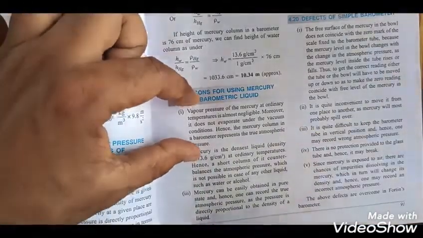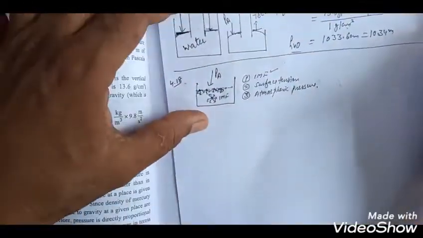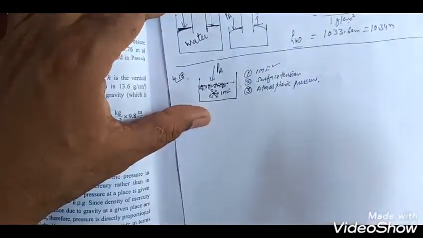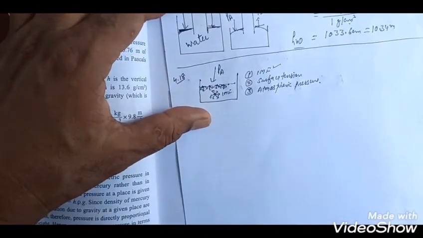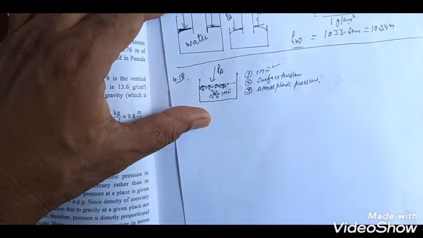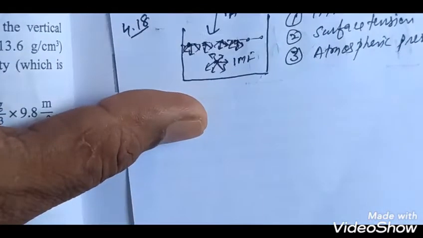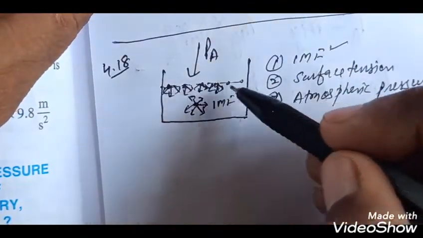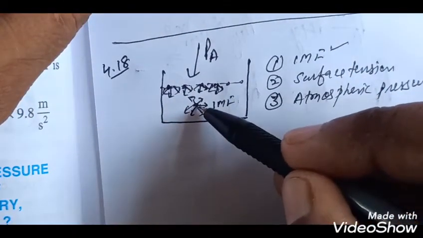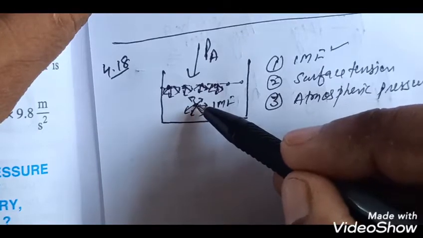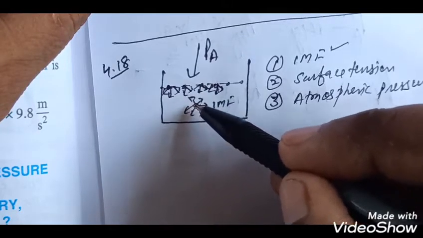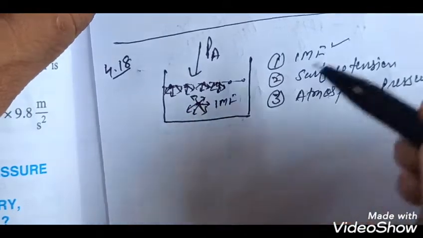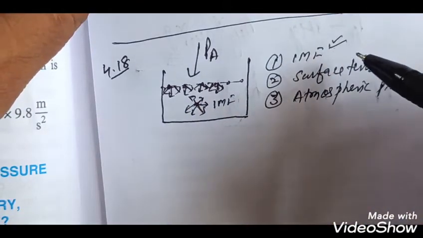Before you understand this topic, I'll tell you something else. Suppose this is a liquid, some liquid is there in the vessel, some molecules are inside. The molecules which are in the bulk of the liquid are attracted in all directions, and that is because of intermolecular force.